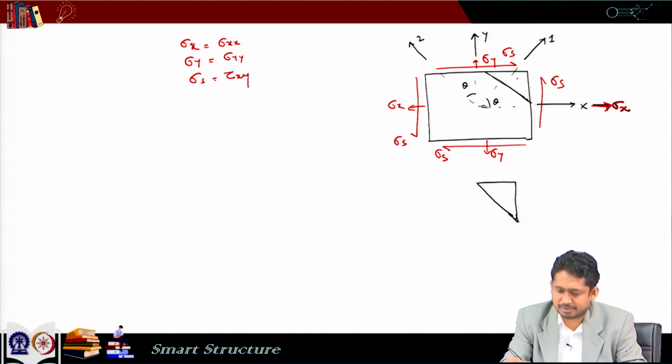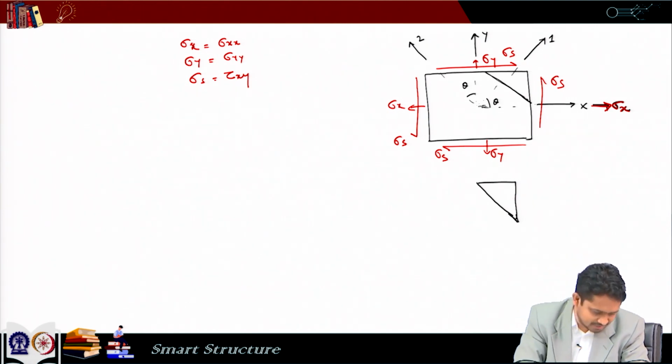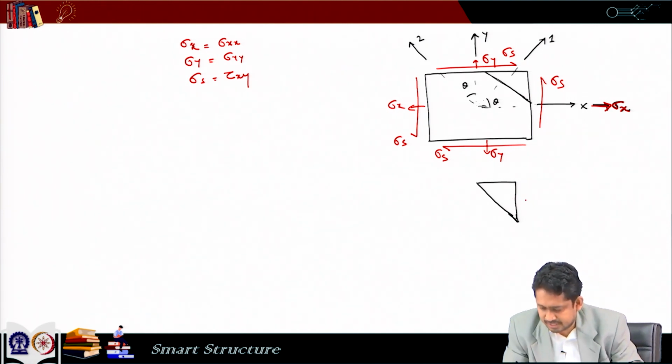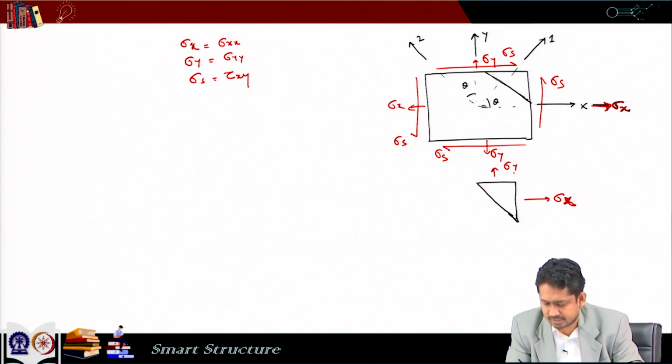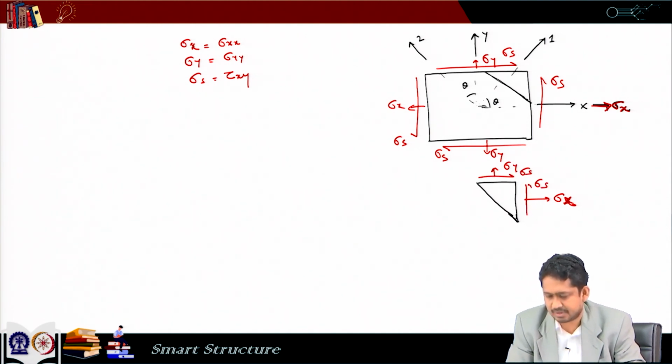Similarly, if I cut it and separate this part and draw the free body diagram here, we will see sigma x here, sigma y here, and sigma s here and here.